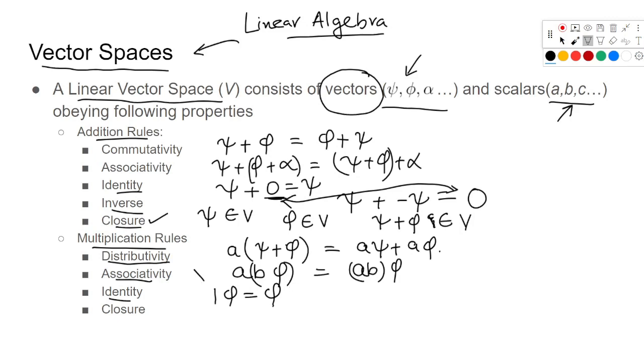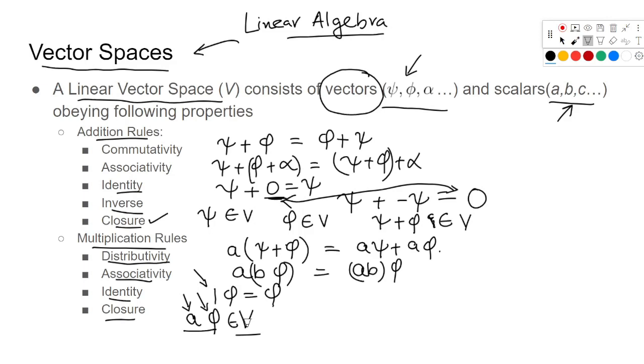Note that this is a scalar. Note that we have not defined any way of multiplying two vectors yet. We will talk about that concept, but till now we have only multiplied scalars with vectors. Then you have the concept of closure. So multiplying a scalar with a vector, which is an element of a vector space, the result will also remain an element of the same vector space.